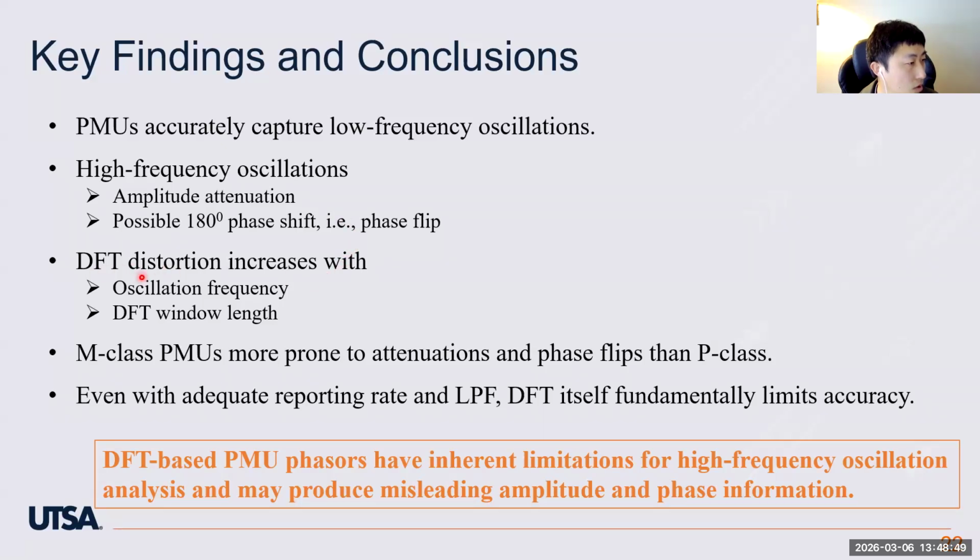The DFT-induced distortion will increase with the oscillation frequency and the DFT window length. What we learned is that M-class PMUs are more prone to attenuation and phase flips than P-class. And even with an adequate reporting rate and a properly designed low-pass filter, the DFT algorithm itself fundamentally limits the accuracy of DFT phasors.